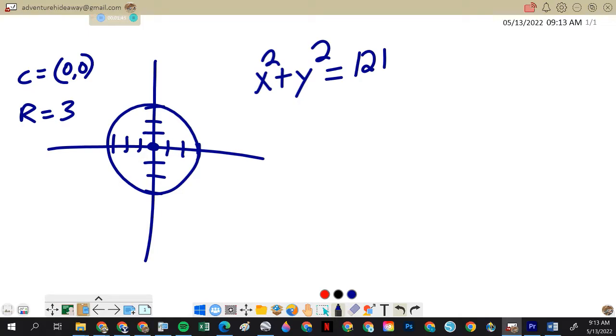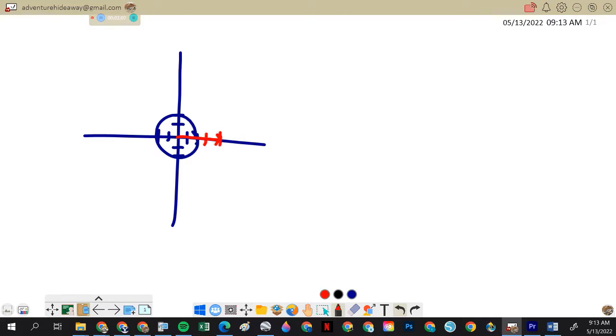Okay, now we're going to change the formula a little bit. What if we move the center? So if I had this circle, and the center is at 0, 0, what if I moved it 4 units to the right, and then 3 units down?